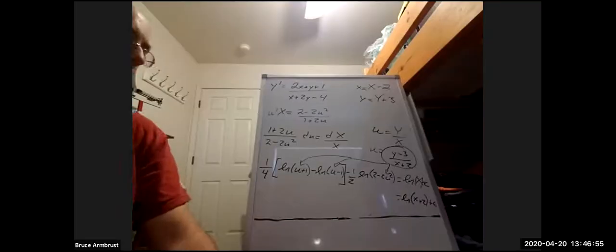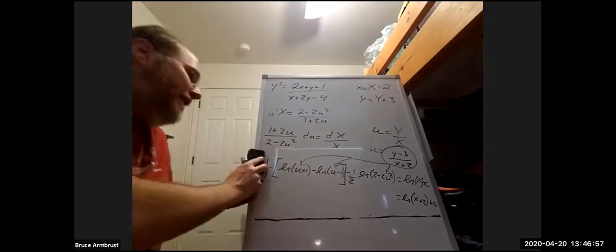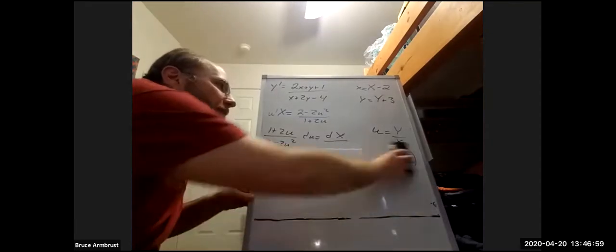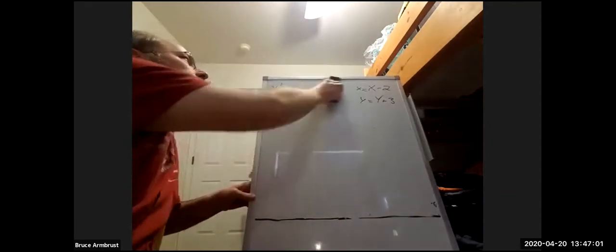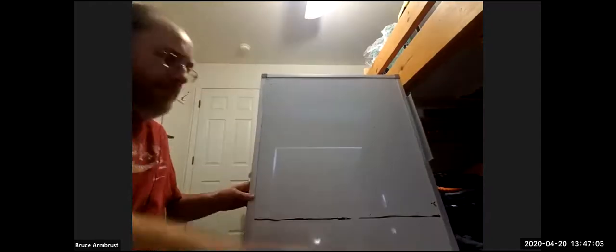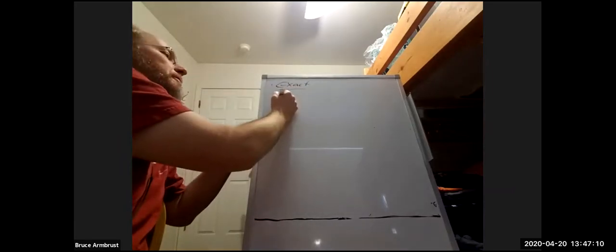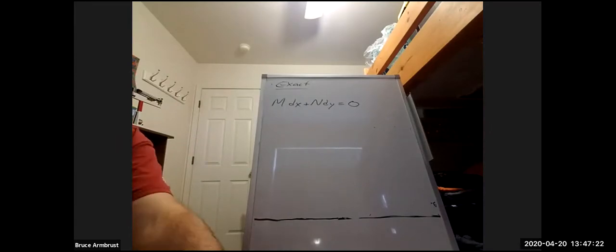All right, so what does it mean for a differential equation to be exact? Well, those were the ones that we could write M dx plus N dy is equal to 0.